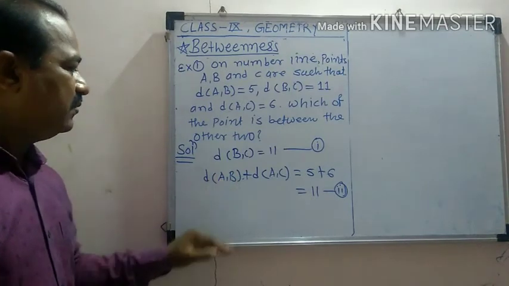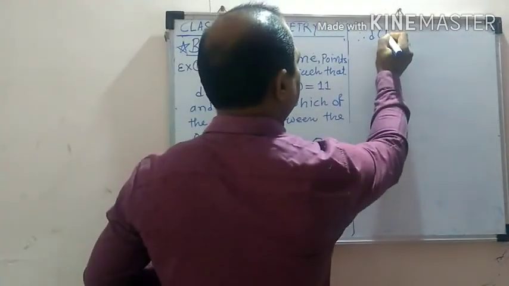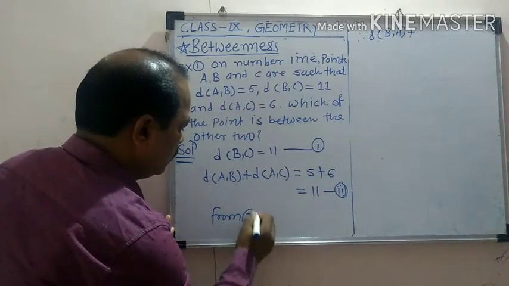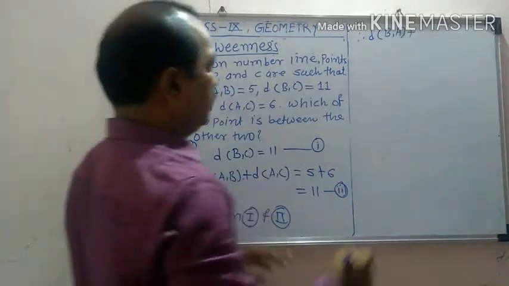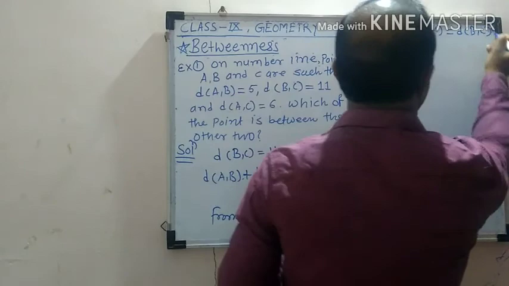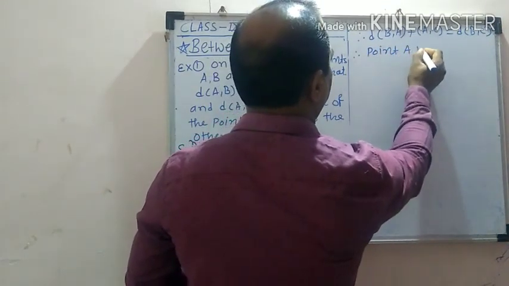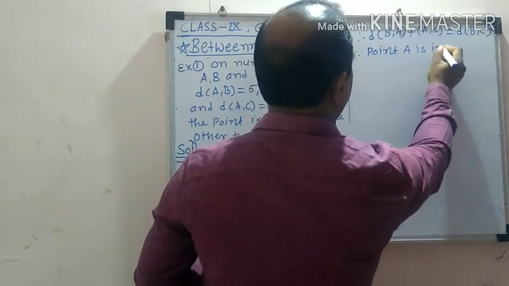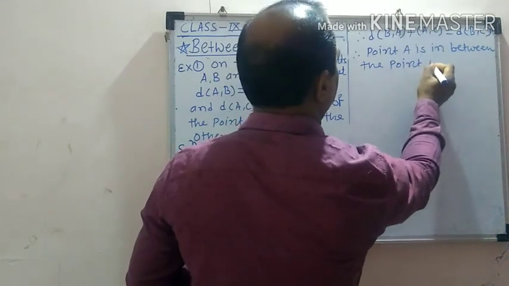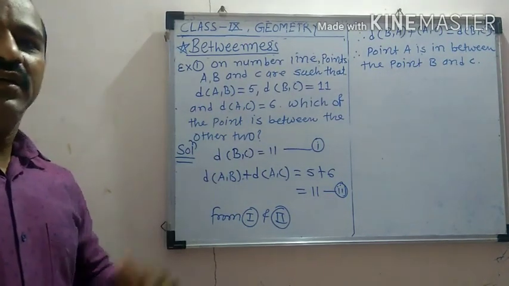Therefore, we write here from 1 and 2, distance between BA plus distance between AC is equal to distance between BC, and therefore point A is in between the point B and C. In this way, the point between the other 2 points is found out.